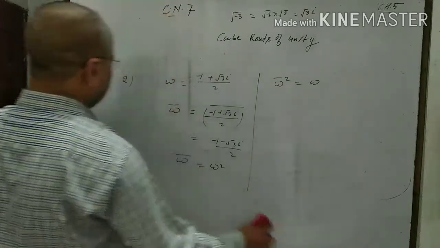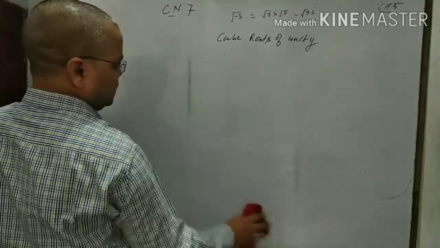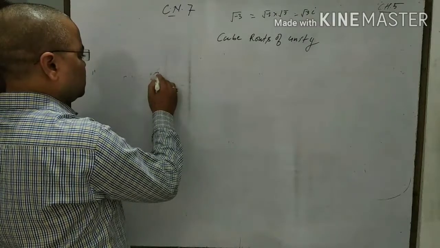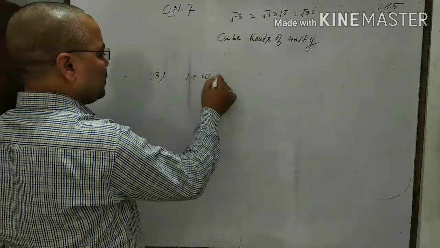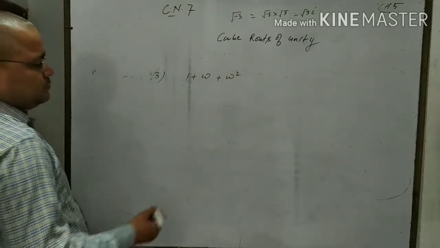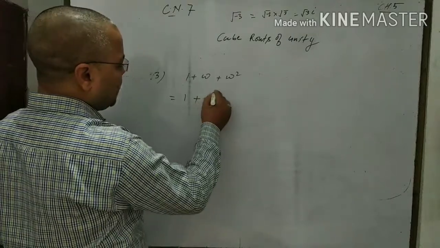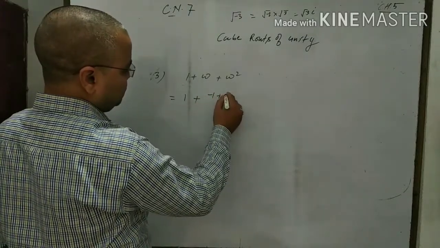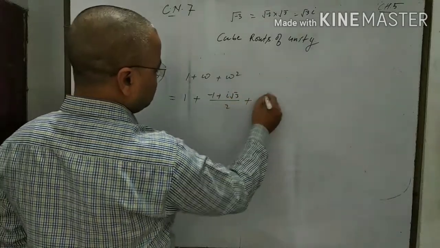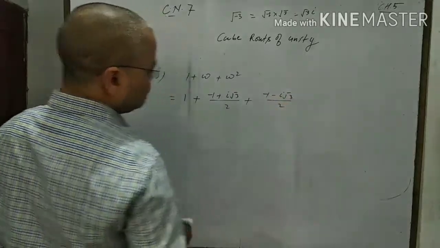Now we can also verify the third property. Third property is 1 plus omega plus omega square is equal to 1 plus (-1 plus i root 3 by 2) plus (-1 minus i root 3 by 2).